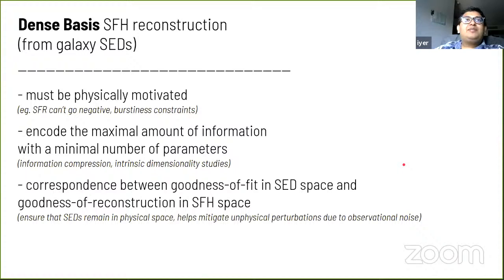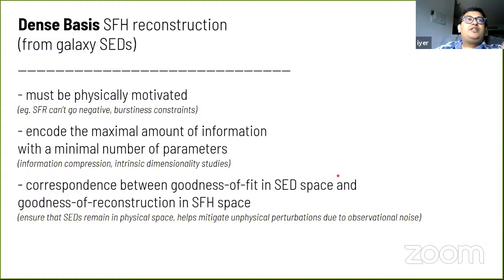This is something that I spent a lot of time during my PhD thesis developing, and it's called the dense basis star formation history reconstruction method. It's a kind of SED fitting that focuses on how we can best recover star formation history information from the observations. And the three pillars on which this is built is that the basis of star formation histories that are used to do the fitting must be physically motivated.